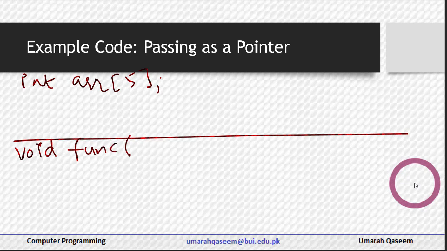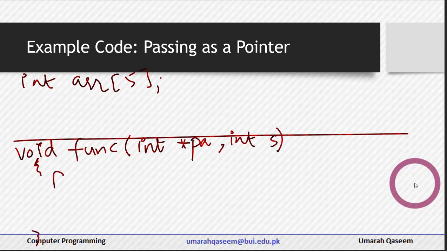Since we are passing the array as a pointer, what we will write is int star, and let's name this pointer pa, for the fun of it, no other reason. And also we have to pass the size of the array, that's s.